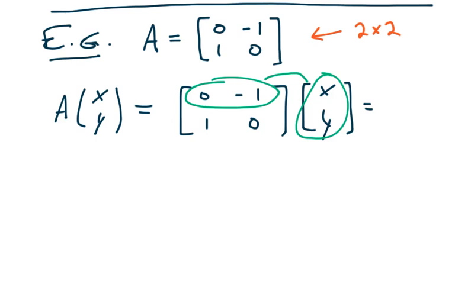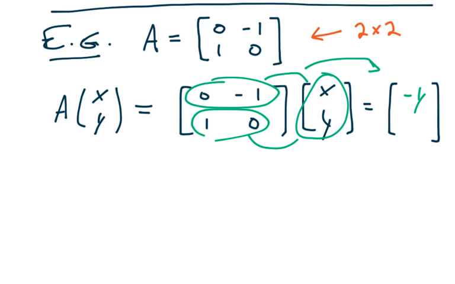Let me put my resultant vector here. Alright, so row times column is going to generate 0x minus y, so that's going to give me minus y. And then the second row times that column, that's going to give us x plus 0y, so that's just going to be x. Alright, so let's draw pictures of what this matrix does.